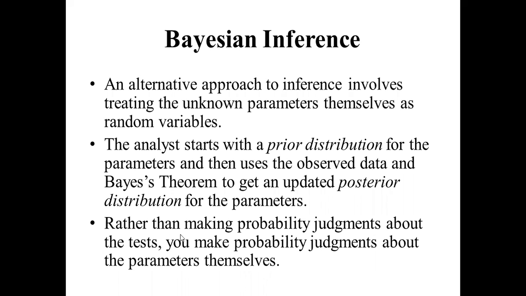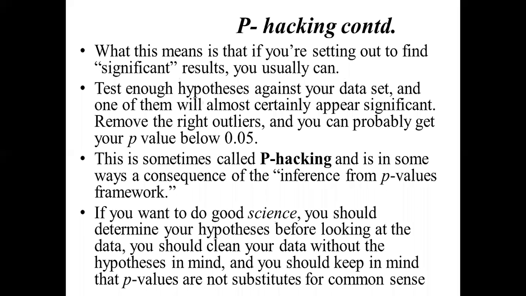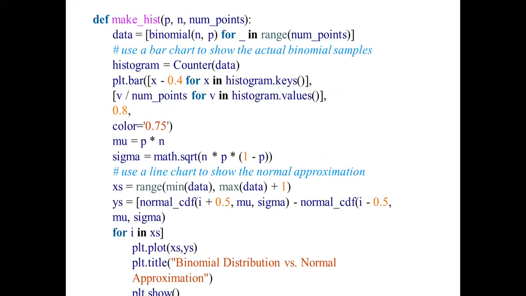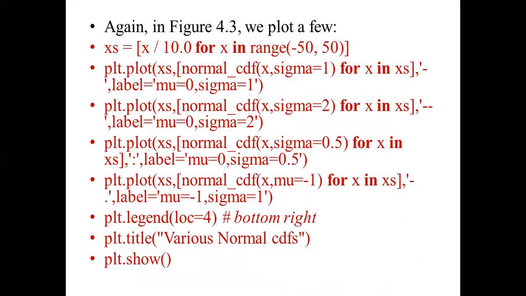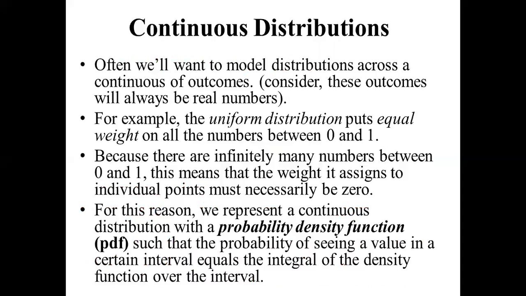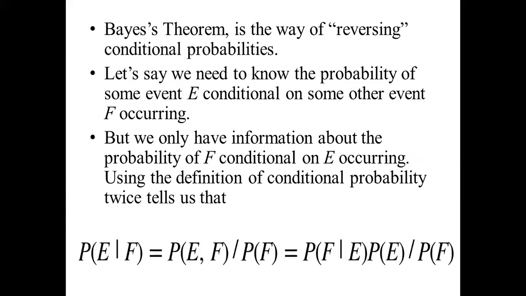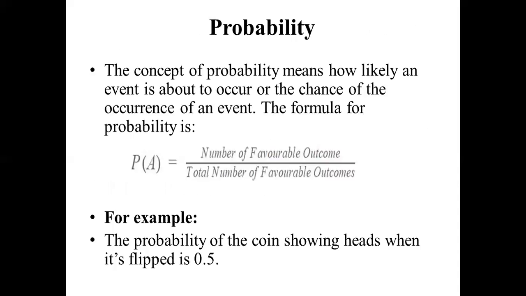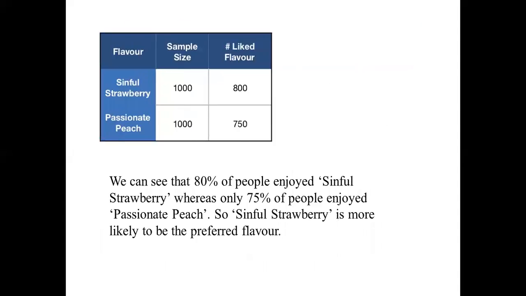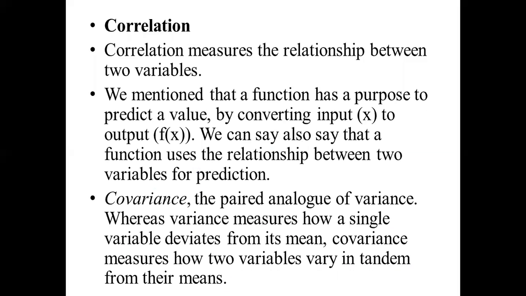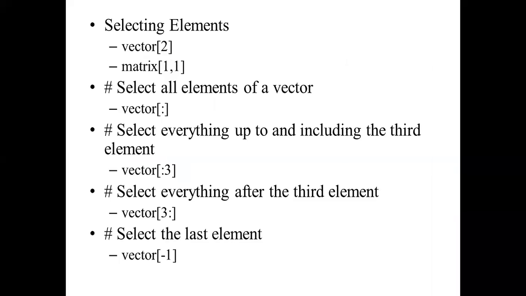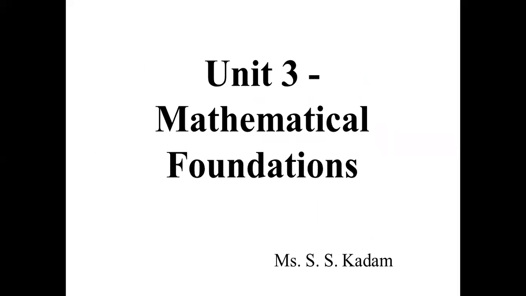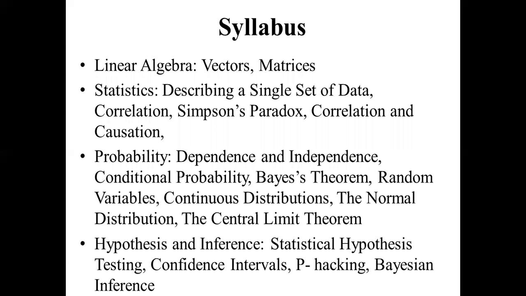So let us revise what we studied in the complete chapter. Today we studied the central limit theorem, and we also studied hypothesis and inference. Within hypothesis and inference, we studied statistical hypothesis, confidence intervals, p hacking, and Bayesian inference.